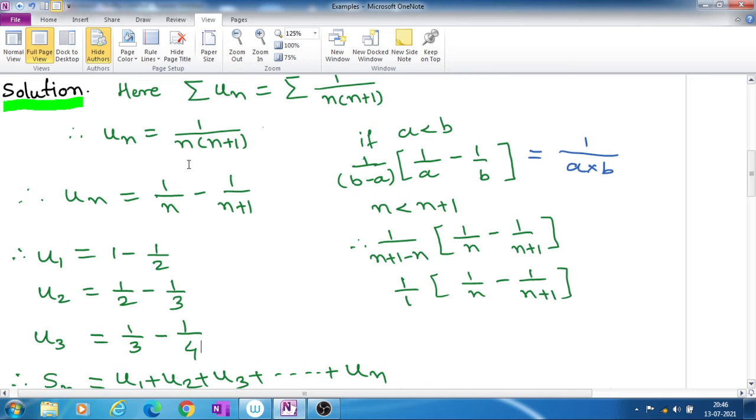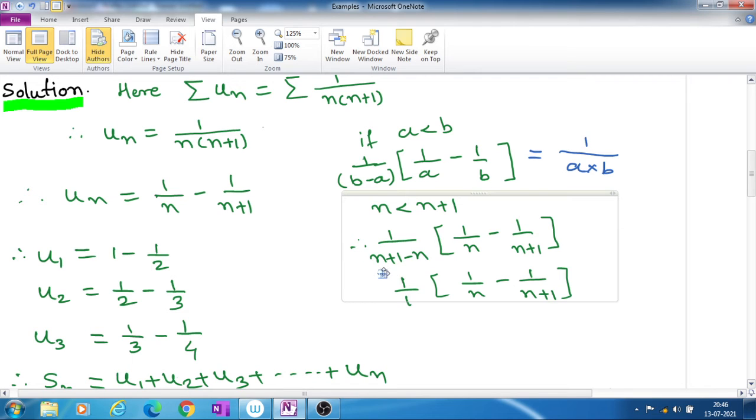Now here our factors are n and n plus 1. Here n is less than n plus 1, means n is a and n plus 1 is b. Therefore 1 upon b minus a means 1 upon n plus 1 minus n into bracket 1 upon a means 1 upon n minus 1 upon n plus 1.